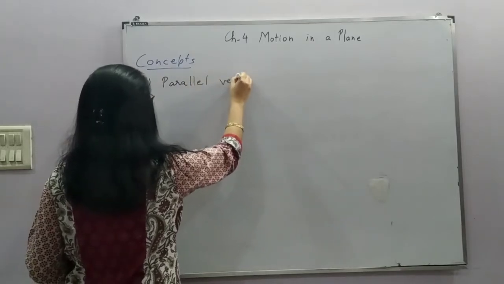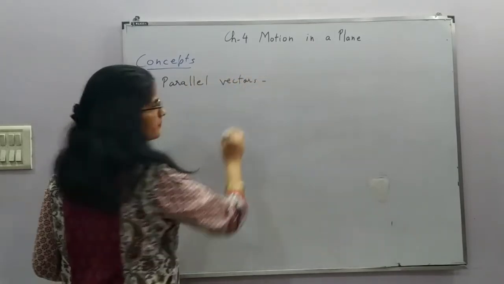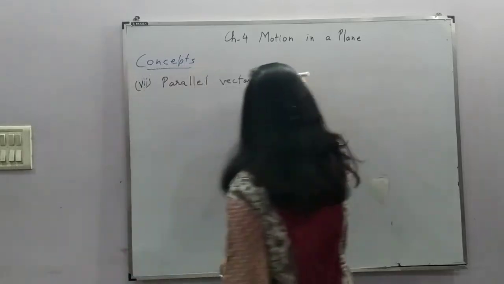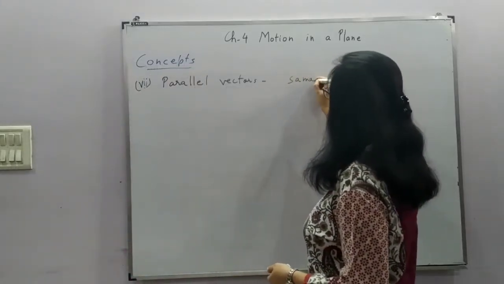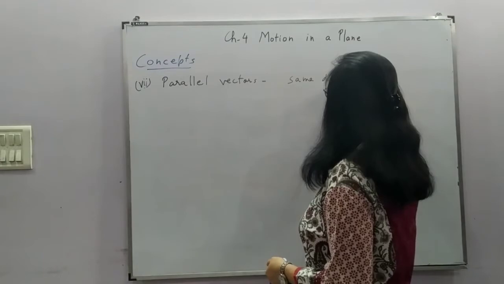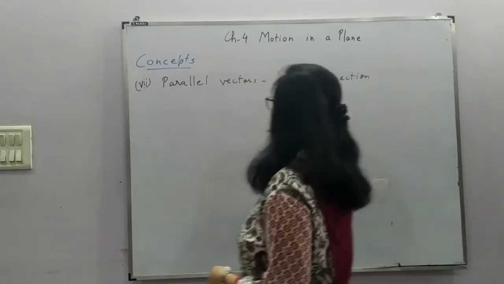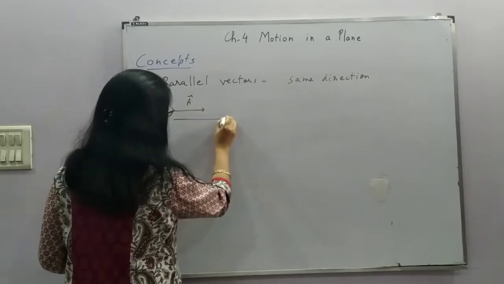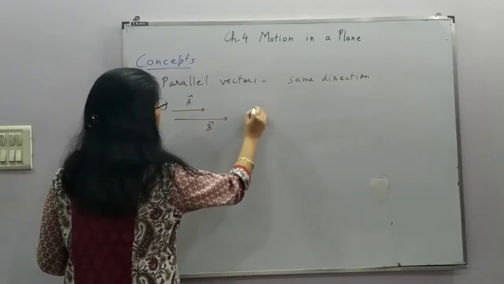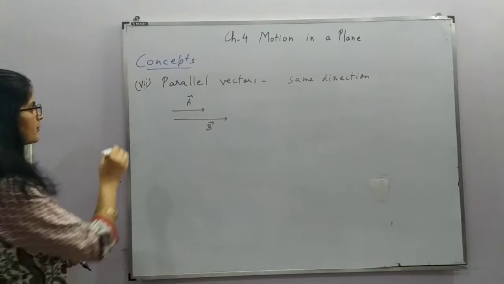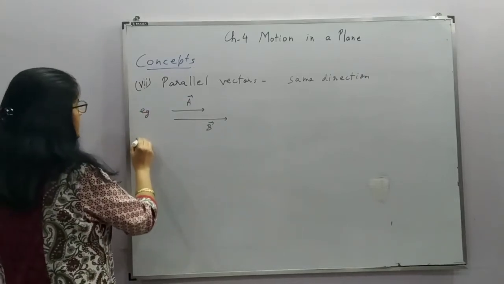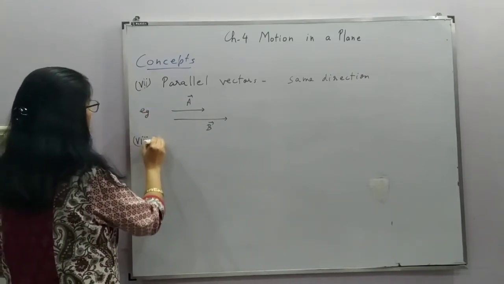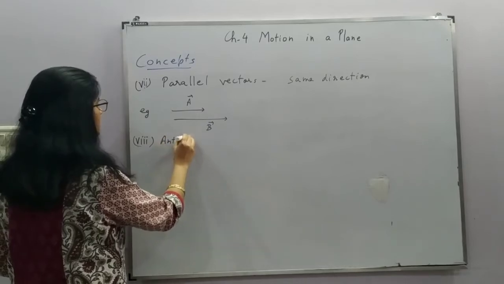Parallel vectors means vectors along the same direction. Right? So that means parallel means same direction. For example, here in this case, A vector is this and B vector is this. So these are parallel vectors. Let's take the case of anti-parallel vectors.